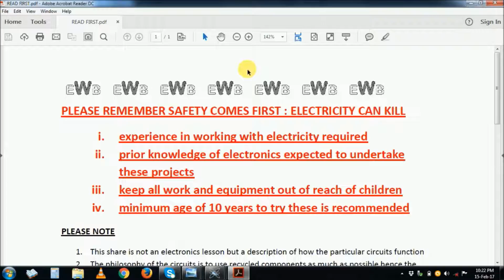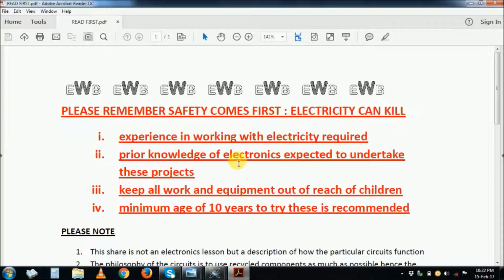And safety, very important. Please make sure you are experienced in working with this, and also prior knowledge is expected. You must know electronics already, or at least have an idea, or you can get someone who knows already. Read on the net, there is enough information to learn electronics. Your workshop is a no-go area for children.